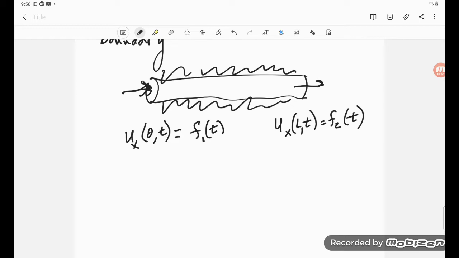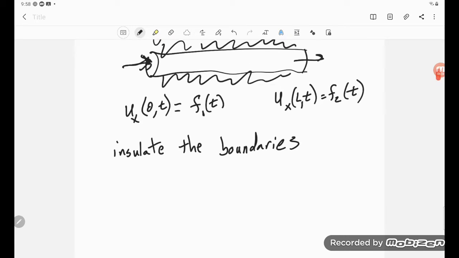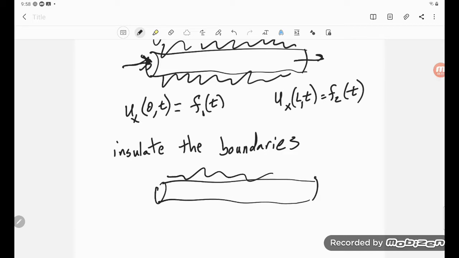Now, in particular, though, if we insulate the boundary. Okay, so if we insulate the boundary, then even with heat, that makes total sense to me because now we've got this rod and it's insulated here, it's insulated all the way around.